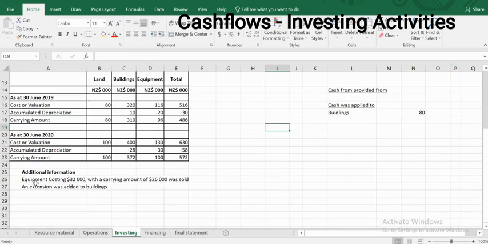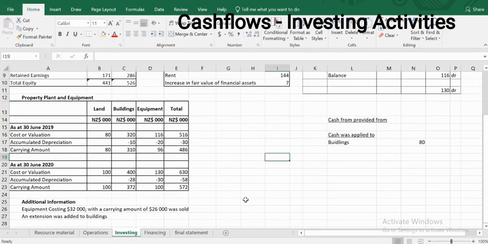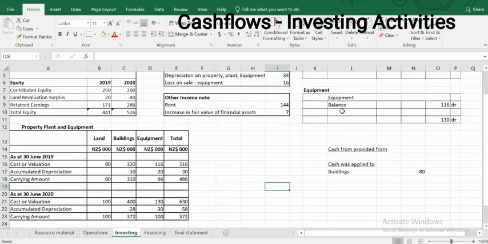It says here equipment costing 32,000 was sold. So that's the historical cost, and our equipment account only shows the historical cost. So I'm just going to put in here sold. So that's going to take my equipment down 32,000. So that took it down to 84.